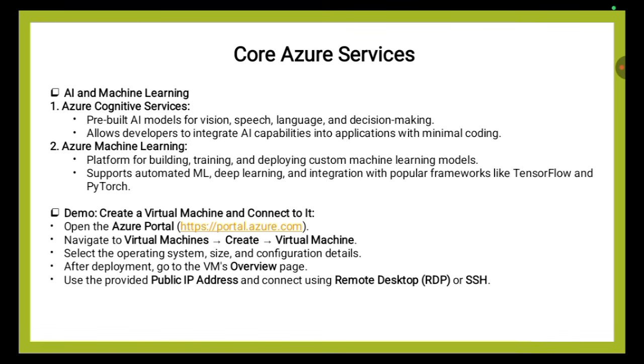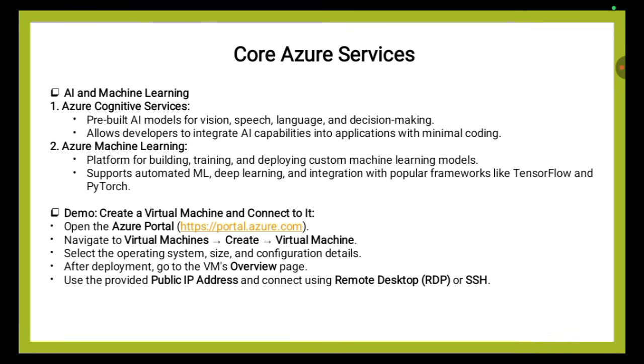So from these details, we get to understand that Azure provides powerful AI and machine learning services that enable developers to build and integrate intelligent capabilities into their applications. Azure Cognitive Services offers pre-built AI models for vision, speech, language, and decision making, allowing developers to add AI features with minimal coding.